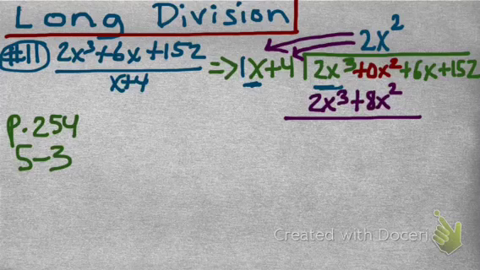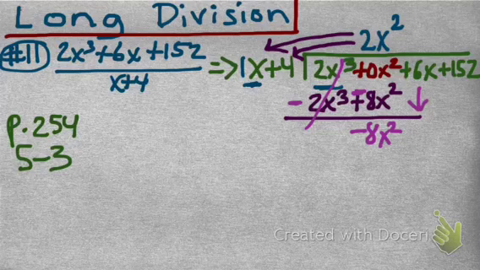Before I combine them, I'm going to change the sign. So negative 2x cubed and negative 8x squared. My first two terms cancel: 2x cubed minus 2x cubed disappears. And then I have 0 of the x squared plus or minus 8x squared, so I end up with negative 8x squared.